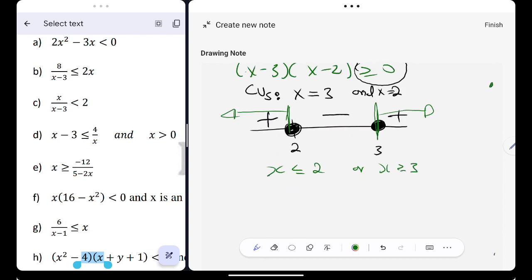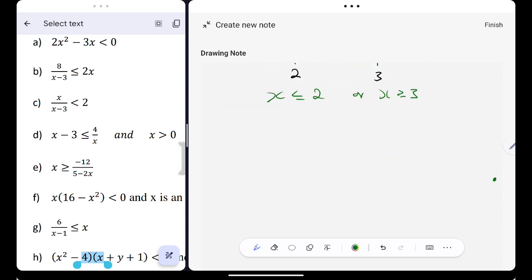Sometimes you do have a situation like this: 2 minus x, times x plus 1, is less than 0 this time around. I've been using greater.